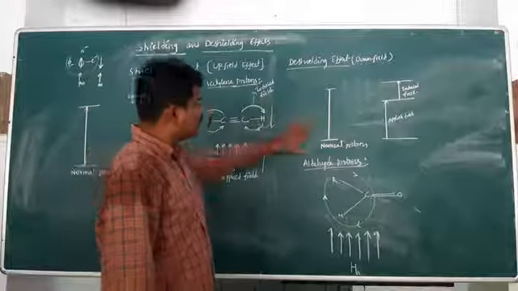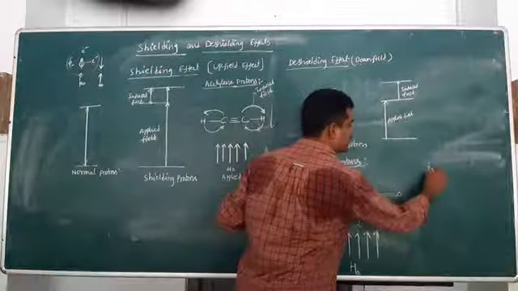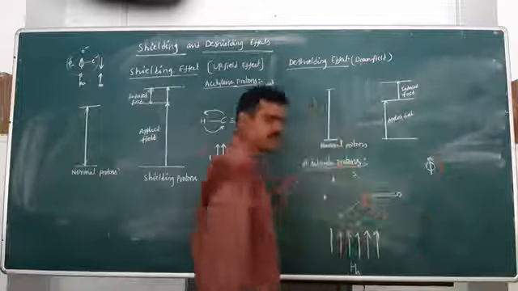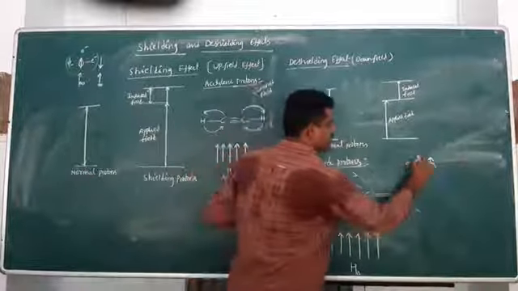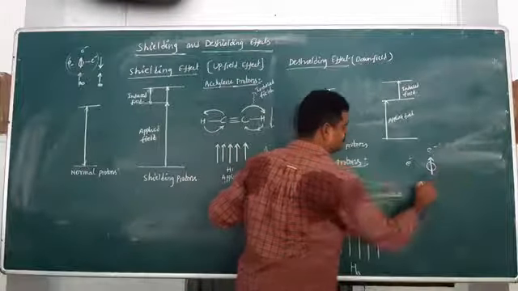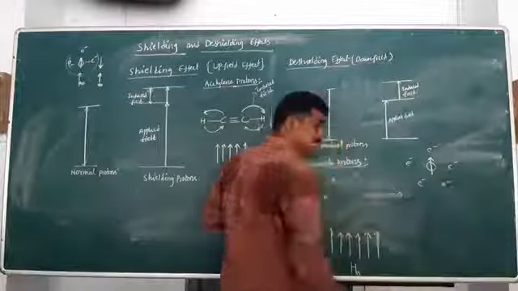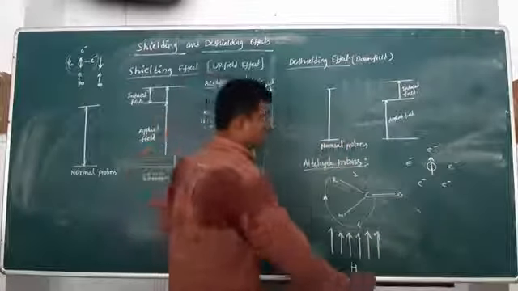Here, the proton has the spin. For example, the proton is surrounded by some electrons. These electrons create the induced magnetic field.